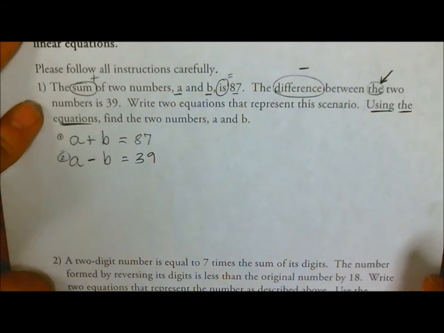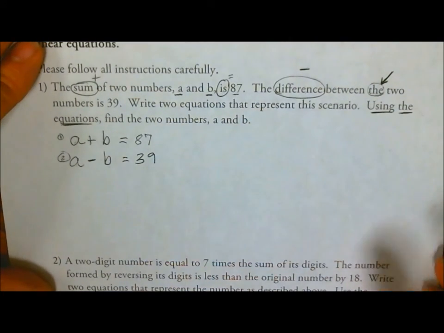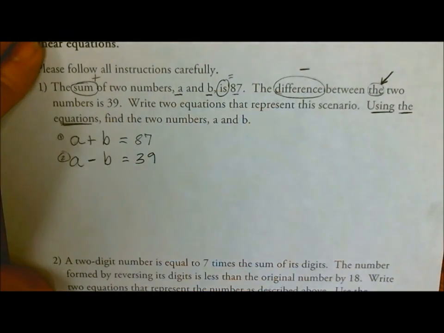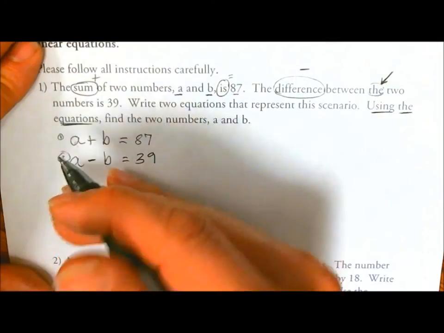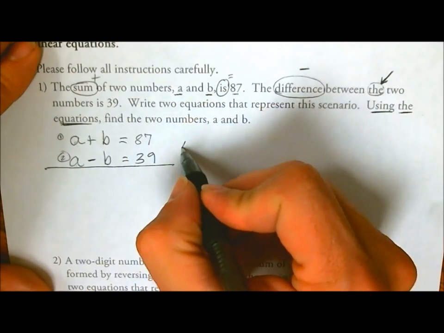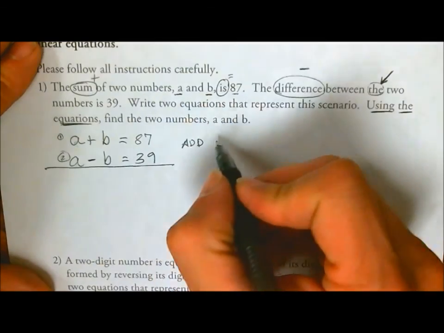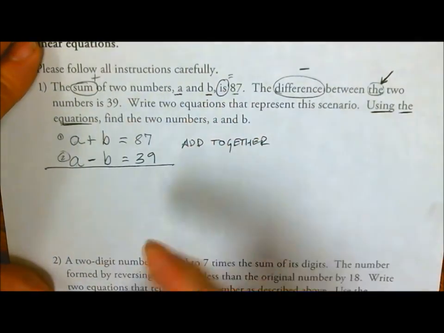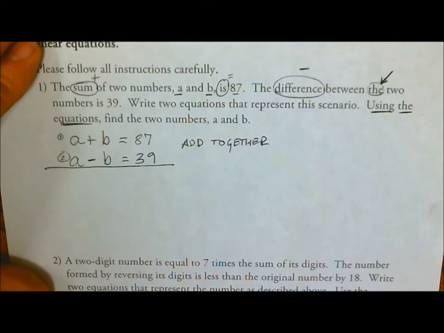In this particular case, I'm going to do it two different ways. The first way I'm going to do this is by elimination. I've come to understand that I can stack these equations on top of each other and then simply add them together, just like I would in an addition problem. All right?